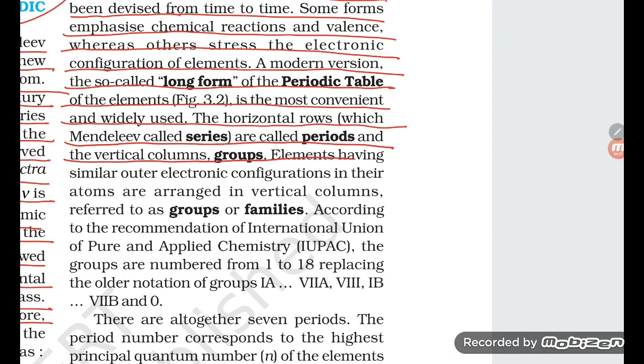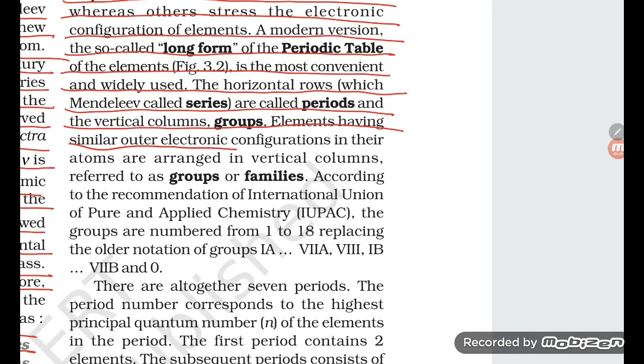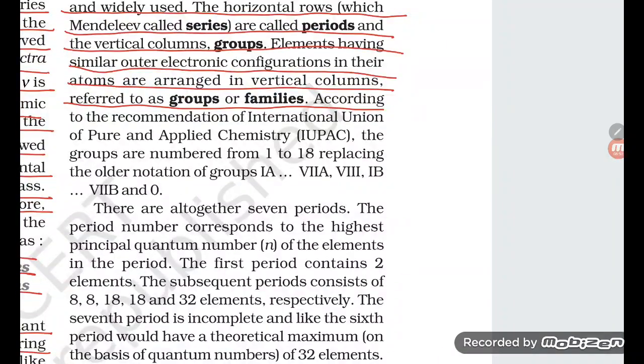The vertical columns group elements having similar properties and similar outer electronic configuration in their atoms, referred to as groups or families, according to the recommendation of the International Union of Pure and Applied Chemistry, IUPAC. The groups are numbered from 1 to 18. The other notation is group 1A, 3A, 7A, 8, 1B.